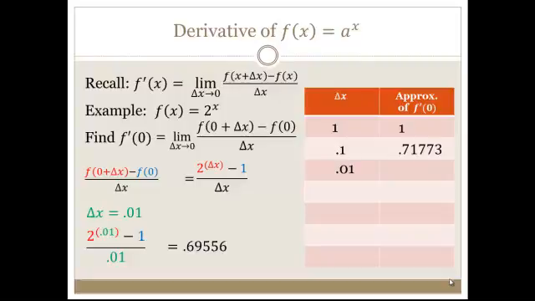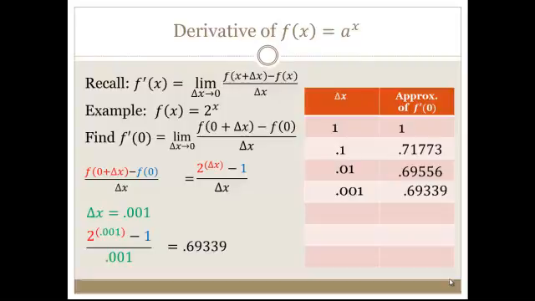So our next best approximation for f prime of 0 is 0.69556. Carrying on, we take delta x to be 0.001. Here we compute 2 to the 0.001 minus 1 all over 0.001 to be 0.69339. So our approximation for f prime of 0 is 0.69339.